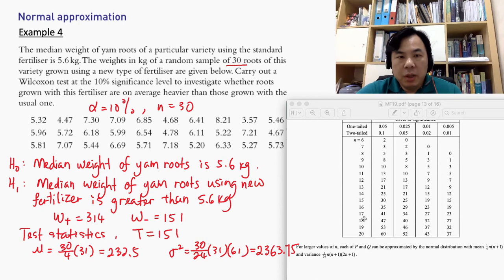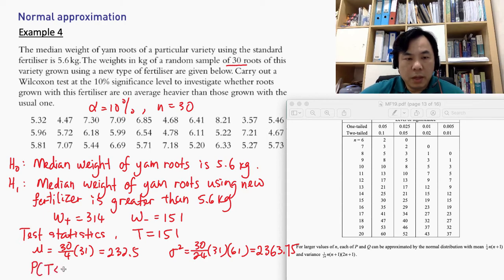From here, I will need to determine the rejection region. The rejection region is stated as 10%. My test statistic is supposed to be less than 151, so I need the probability of less than 151.